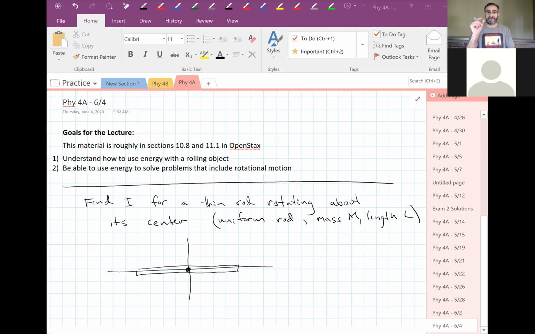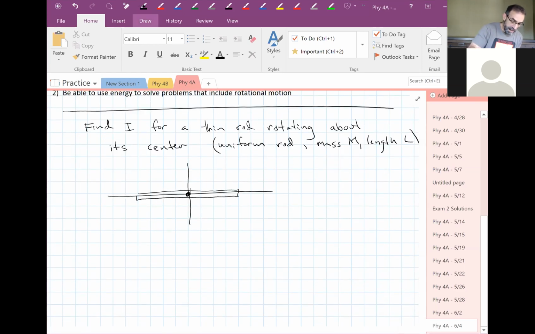We take a little tiny infinitesimal chunk of the mass, and we say it's so small we can treat it like a point mass. Well, what does a point mass have for its rotational inertia? mr squared. So a little tiny infinitesimal chunk will be the mass, dm, times r squared.